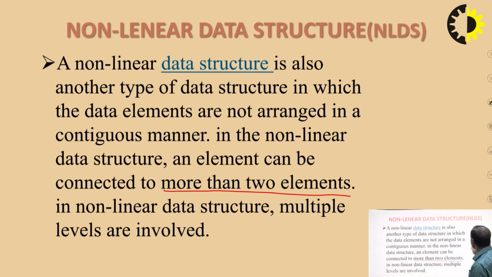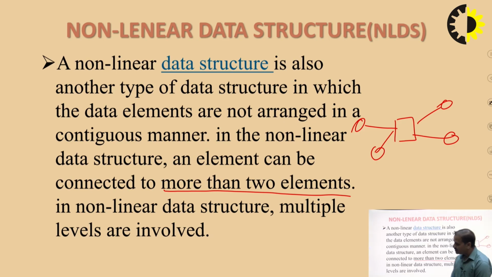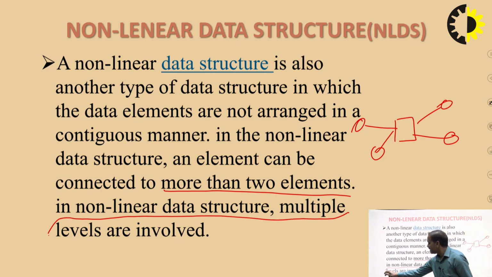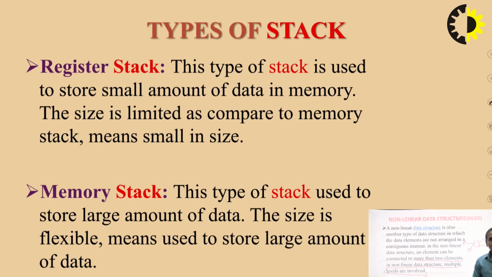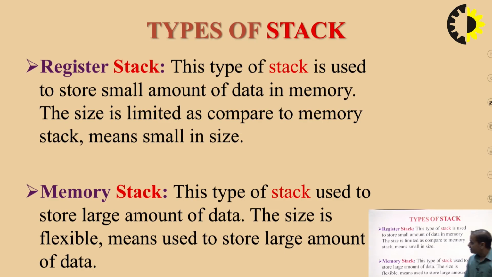For a given node, there can be more than one previous node or more than one next node. But in a linear data structure, for a given node, there is a single previous node and a single next node. Here multiple levels are involved, but in a linear data structure, a single level is involved.